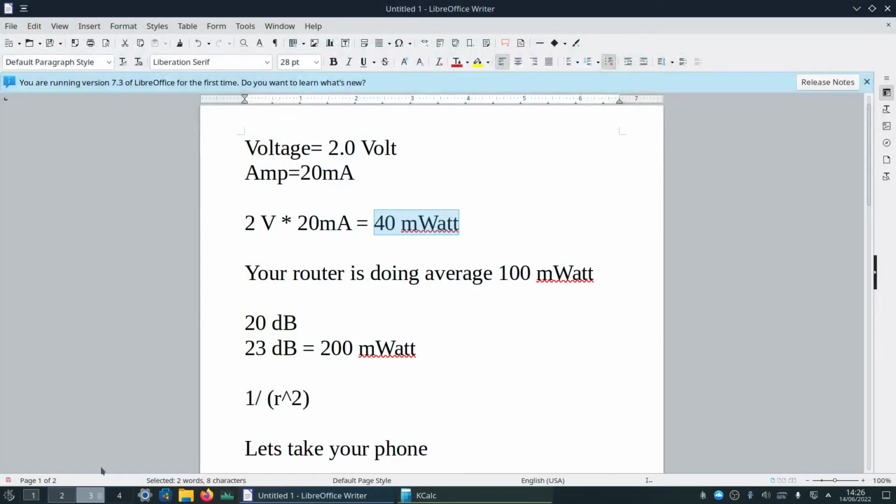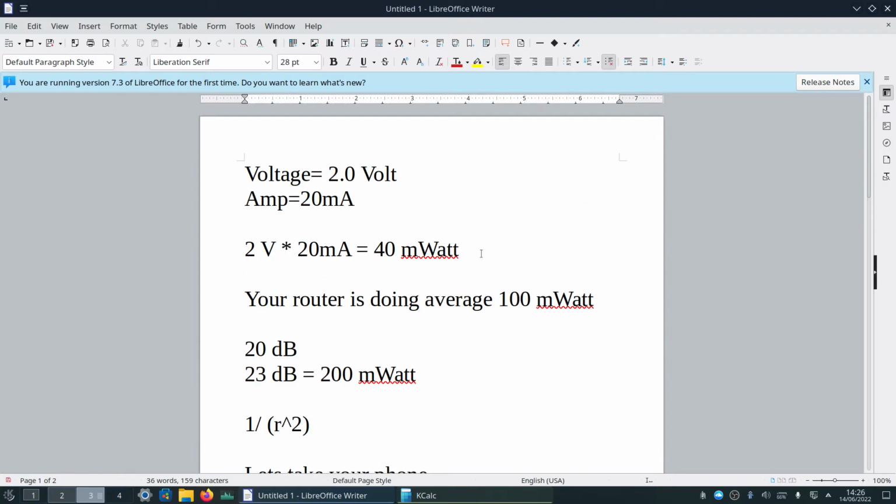Now, let's come back to the conclusion and answer the question. What if you could see your Wi-Fi router, its brightness, as if it were just an ordinary light? We divide 100 milliwatts by 40.